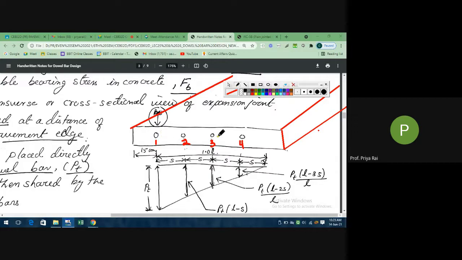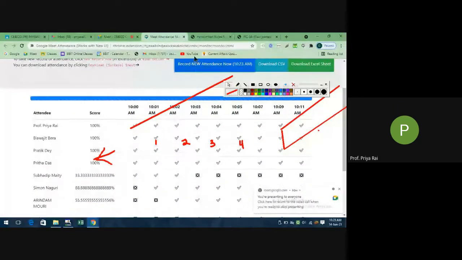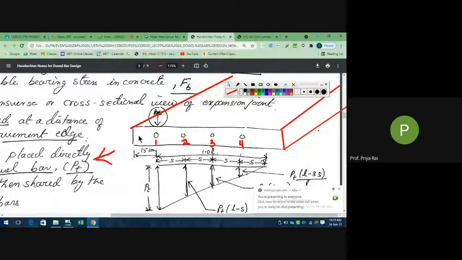The purpose of this dowel bar group is to transfer load from this slab to the adjacent slab. The adjacent slab is somewhere here. Suppose here we have 4 dowel bars, so these are the 4 people.